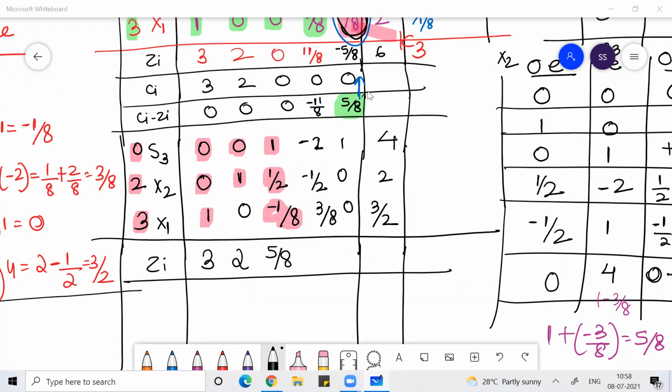Then the next one would be 0 into minus 2 plus 2 into minus 1 by 2, that would be minus 1, and 3 into 3 by 8, that would be 9 by 8. 9 by 8 minus 1 would be 1 by 8.